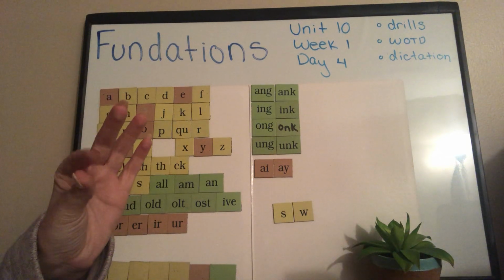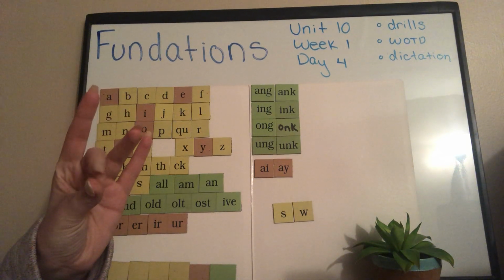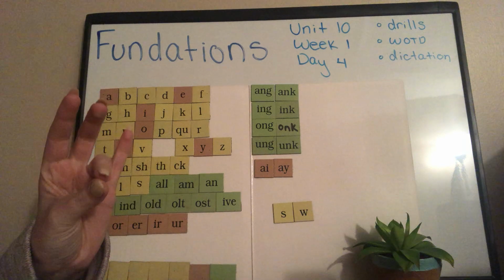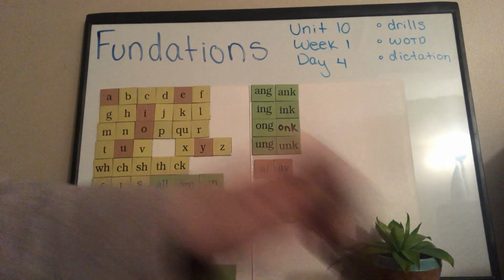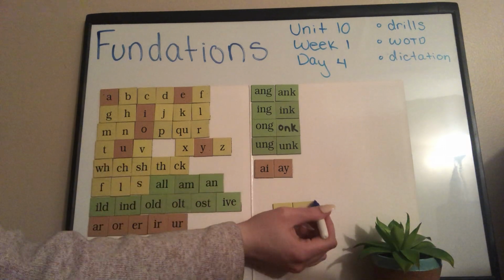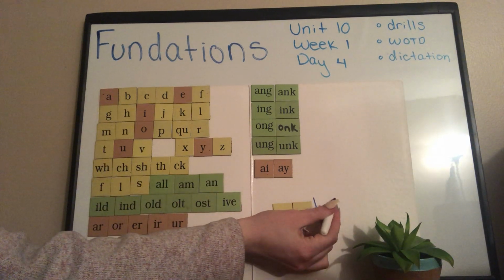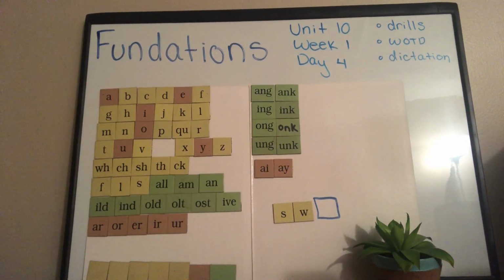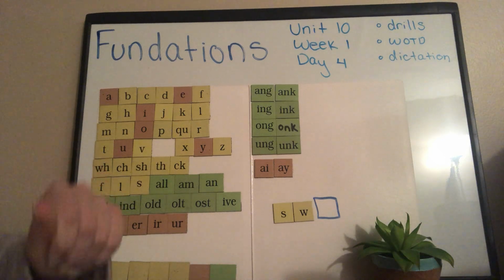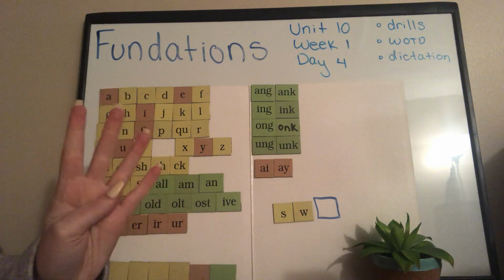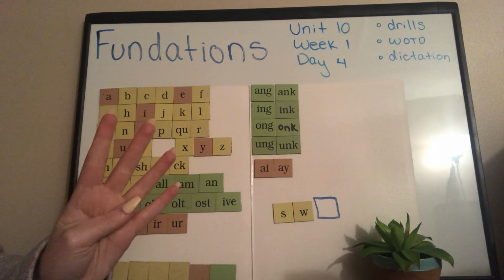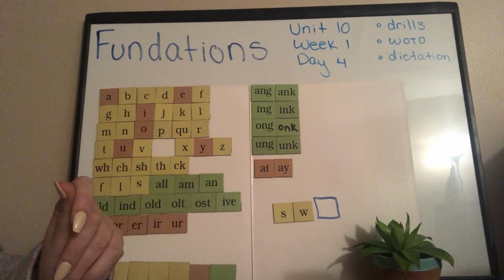S, s, w, w, a. We have a long A sound that's supposed to be here at the end of this word. S, w, a. And we know, because we're smart second grade kids, that there are 4 things that could give us a long A sound.